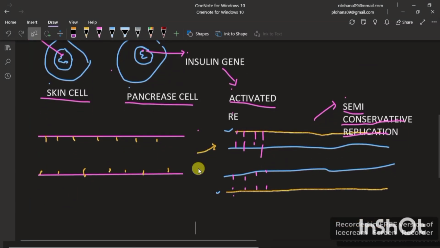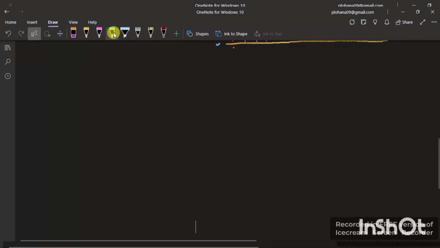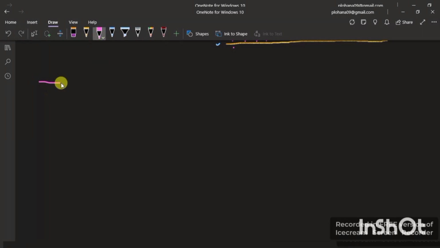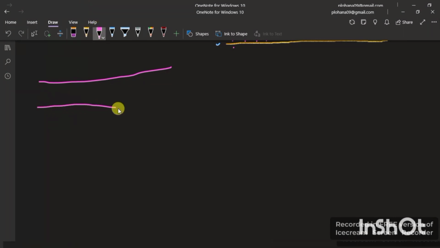Let me scroll down. Okay, here it is fine. So basically what will happen? Let me select it. If I have this DNA and this other strand of DNA, these are both the strands.